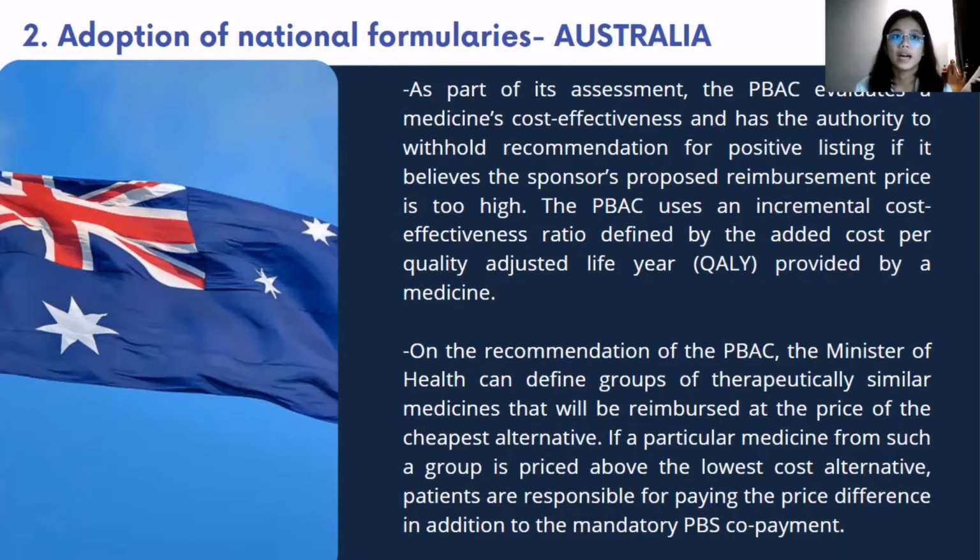For example, drug product A costs 5 pesos and drug product B costs 10 pesos, and you choose to use drug product B. The PBS will only shoulder the 5 pesos because it is the cheapest alternative. And the patient or the consumer will shoulder the remaining 5 pesos, in addition to the mandatory PBS co-payment.